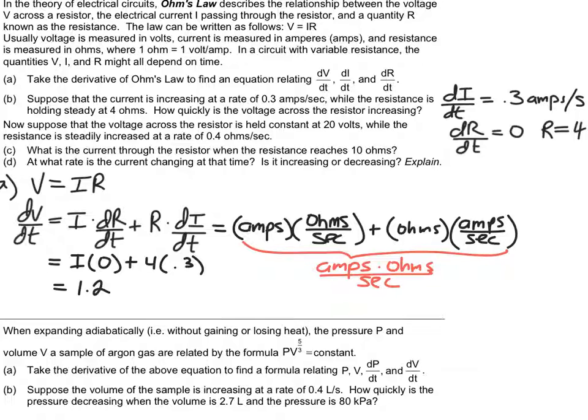It makes sense that in our derivative we're looking at the product of amperes and ohms. It was determined that we're going to call these volts by definition. So we end up with the units of volts per second.